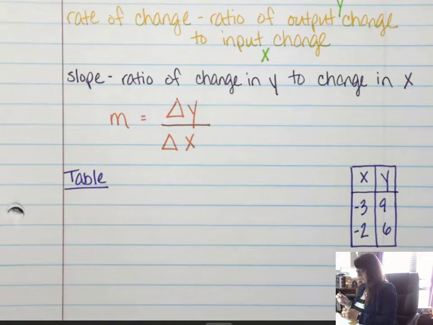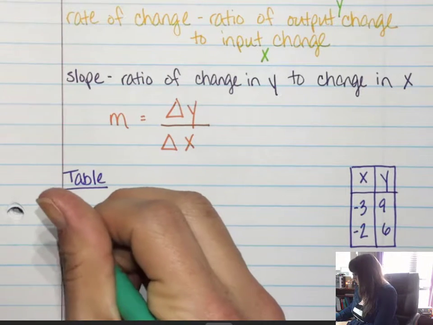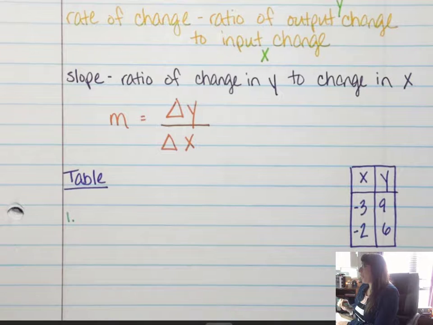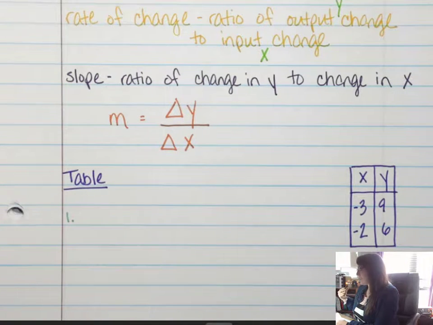There's your table. Step 1, from a table. Now remember, our goal is to calculate the slope, which is just rate of change. The only thing that's different now is that we can't just do y divided by x like we did in our builder, because it's not going to work.